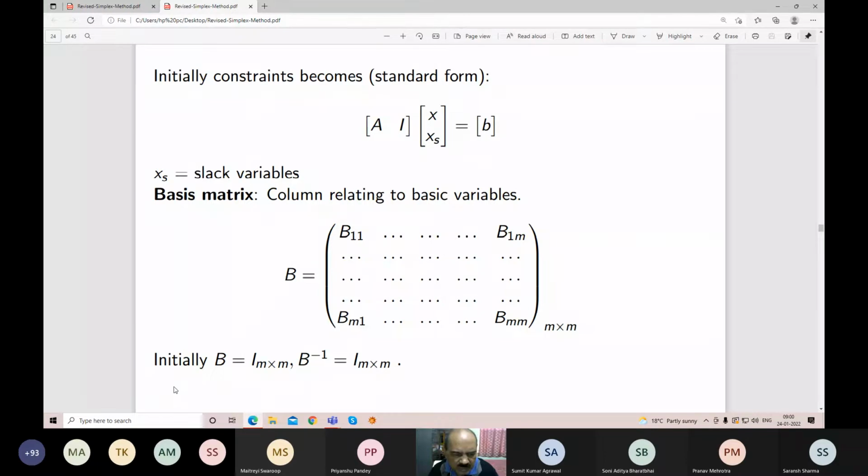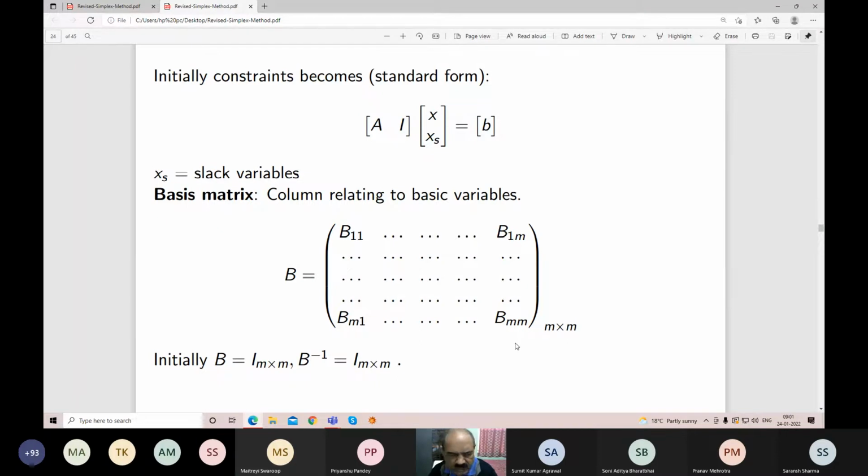Initially, the basis matrix, as you know, is an identity matrix of size m by m, and its inverse is also an identity matrix. Numerically, the first column is 1, 0, 0, all zeros, then the second column is 0, 1, all zeros, and the last column is 0, 0, 0, lastly 1.